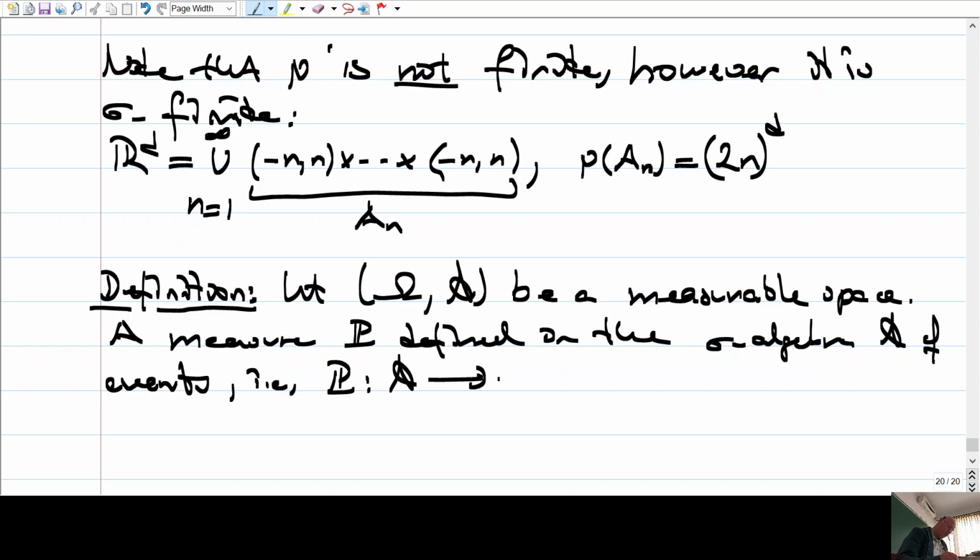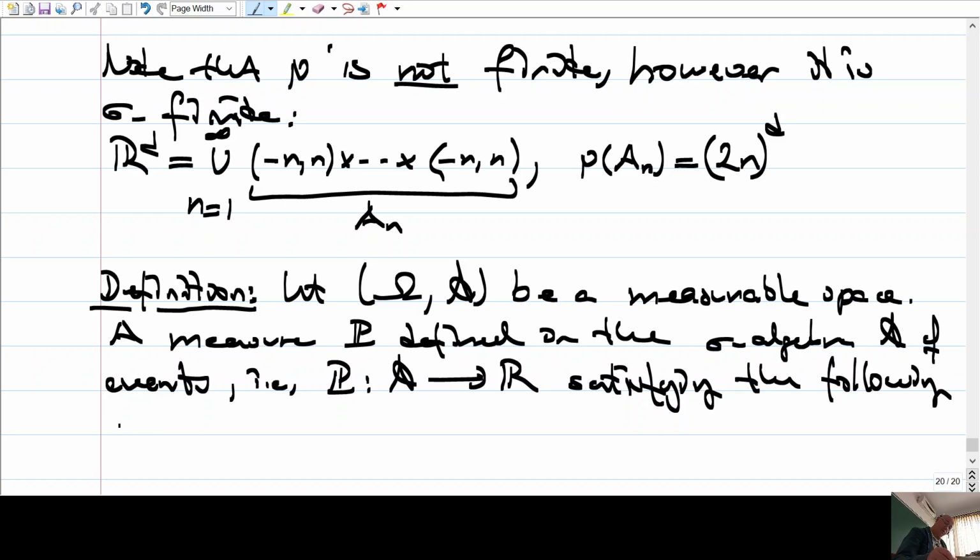So it's defined on the sigma algebra and takes values in the real numbers. This time we exclude infinity, satisfying the following condition: the total measure is 1.